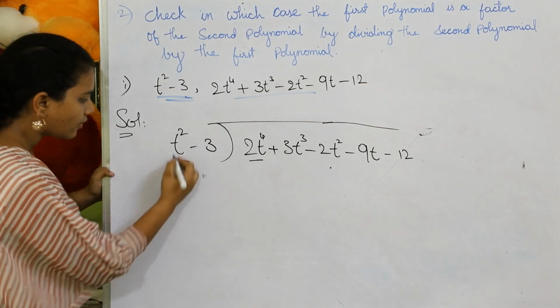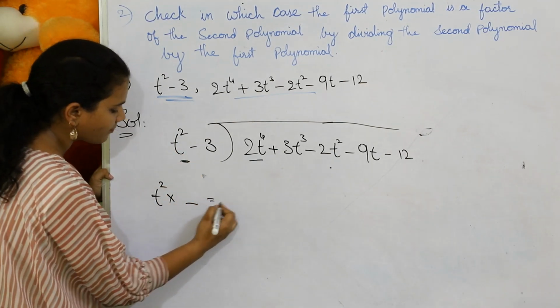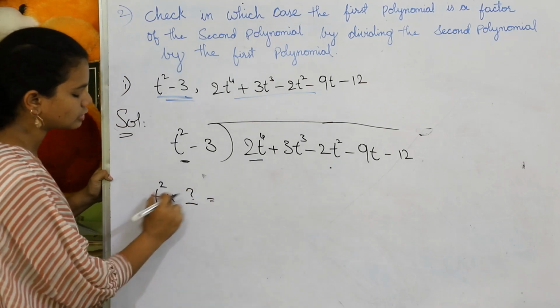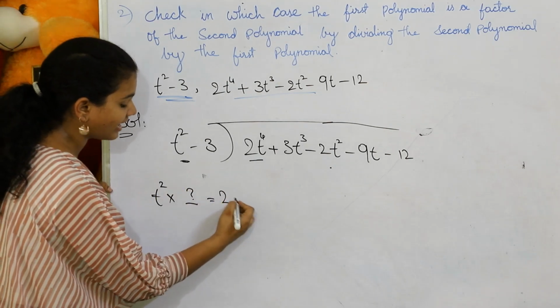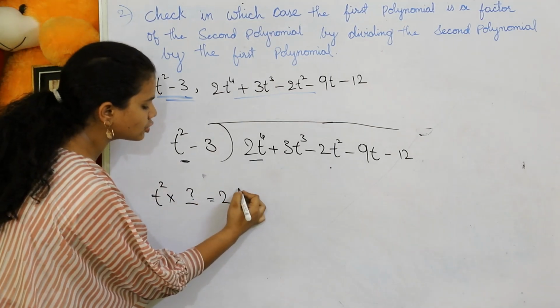Here you have t square, so let me write t square into a question mark. I need a term which, multiplied by t square, gives 2t power 4.